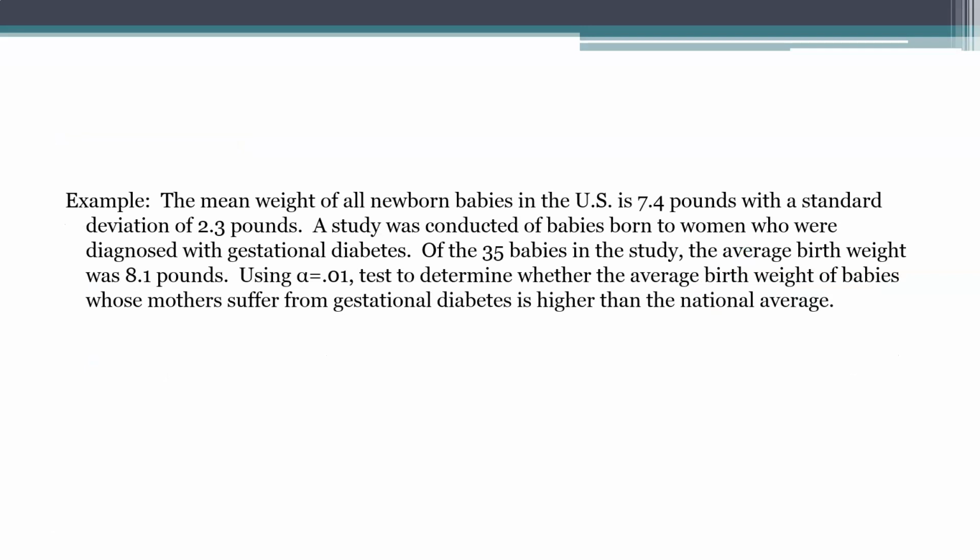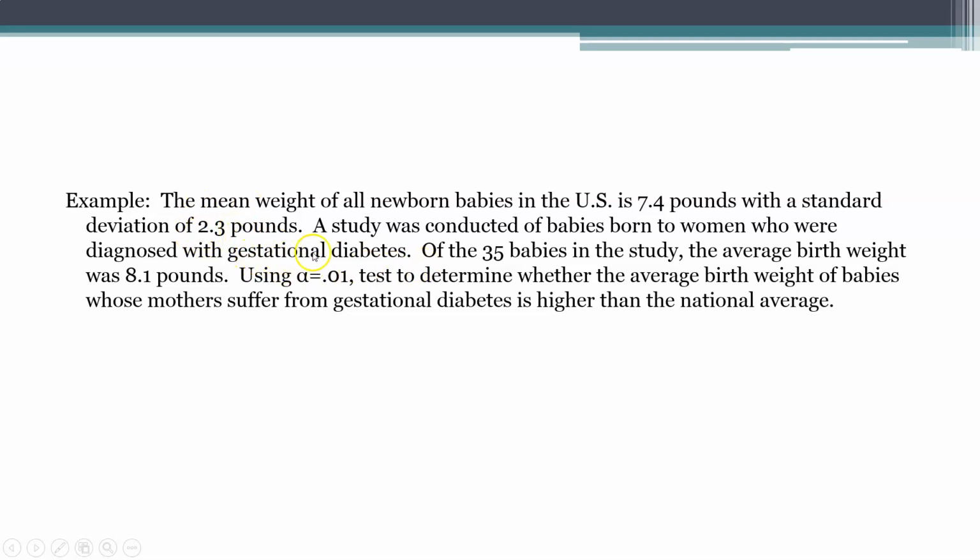All right, so let's do another example, and we'll do it all the way from first step to last step all at one time. So in this example, we know that in the U.S., the mean weight of newborn babies is 7.4 pounds, and the standard deviation is 2.3 pounds.